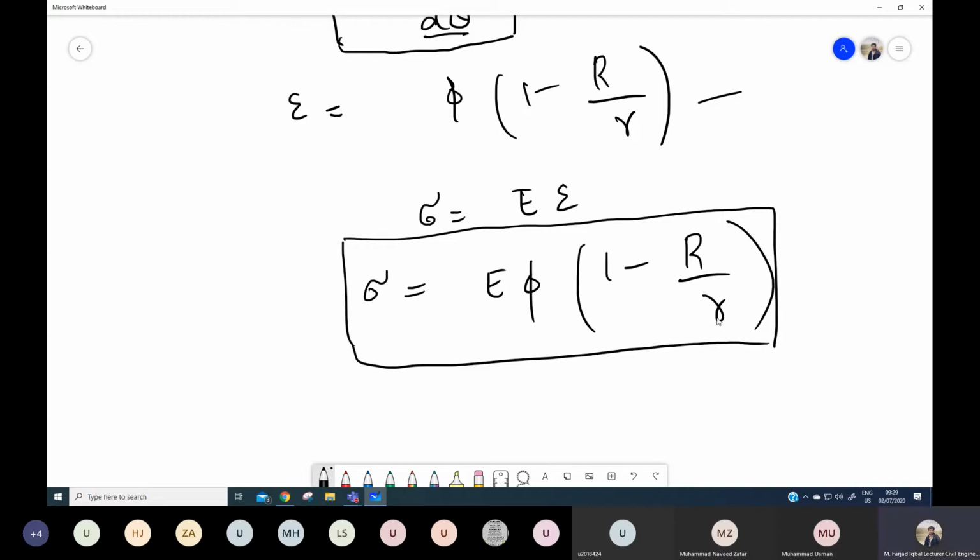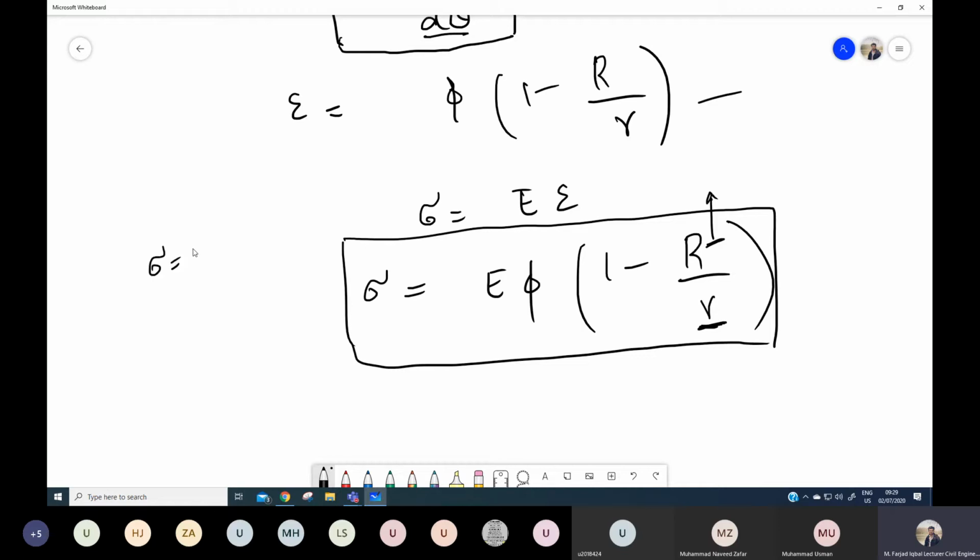So this equation represents the variation of stresses with the distance r, which is the distance of this random fiber from the center of curvature. So this r over here is a variable factor. This capital R represents the location of the neutral axis.